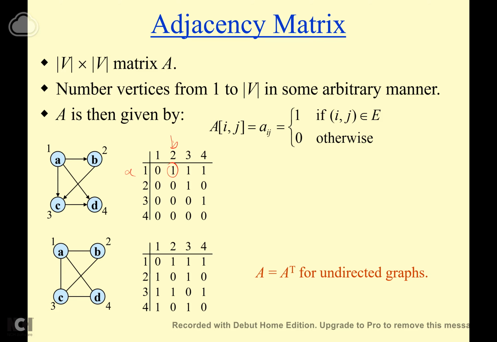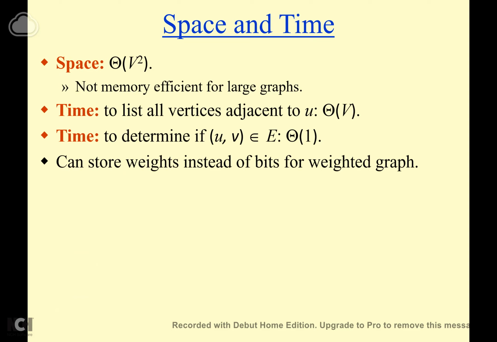And the storage needed is V squared, so it is not memory efficient for large graphs. To list all the vertices adjacent to u, it takes Theta(V) time. To determine if uv belongs to the edge set takes constant time. We can store the weight instead of bits for a weighted graph.